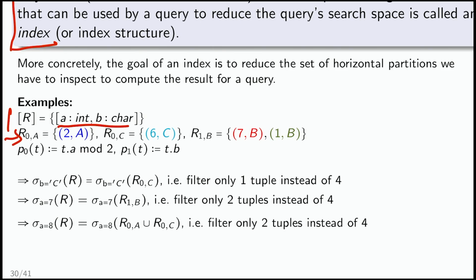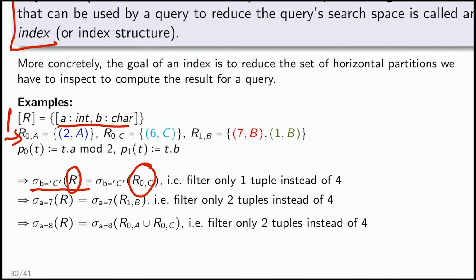If you have a query like, I want all the data where the B attribute is equal to capital C, that is equivalent to not using the entire relation as the input, but just the partition where the output of that second, this P1 partitioning function, is capital C.